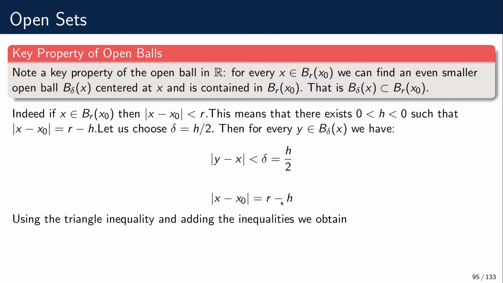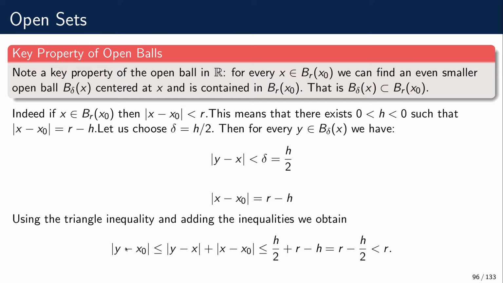So now let's use the triangle inequality. This is the importance of the triangle inequality to show this property of open balls, okay? Now suppose that y is any point whose distance from x is no more than delta. We take any such y, and now we use the triangle inequality.